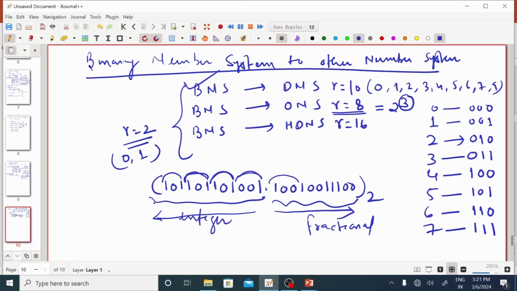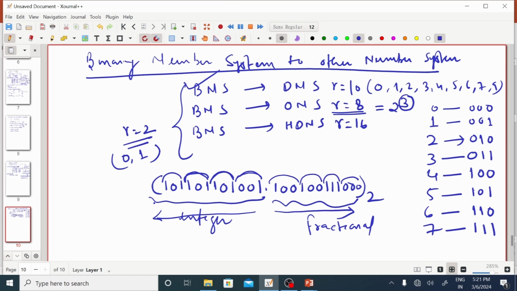This is one group of 3 bits, this is another, and now this group contains only 2 bits. So to complete the group we add an additional 0, because adding 0 at the end of a fractional number does not change the representation of the number.